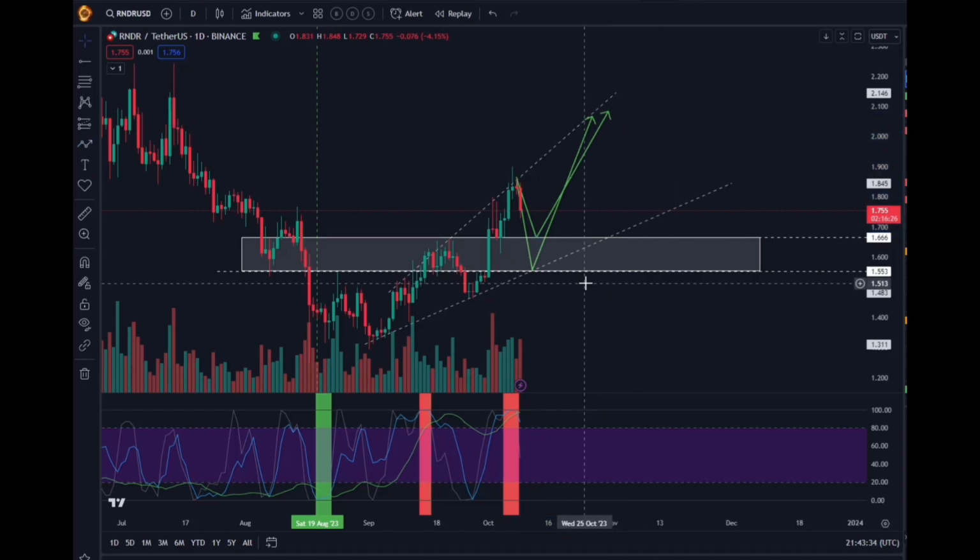So the condition for entry is a tap down and/or a fake down while either retesting this zone or the trend line that I've just drawn here.